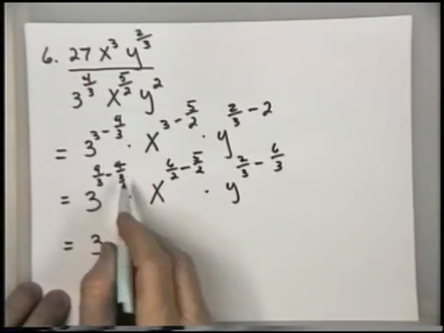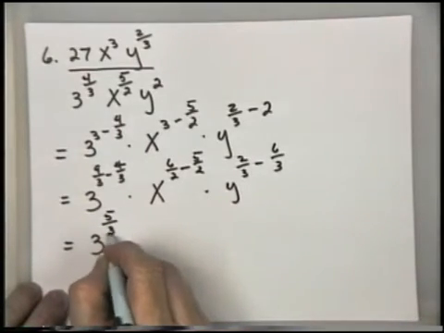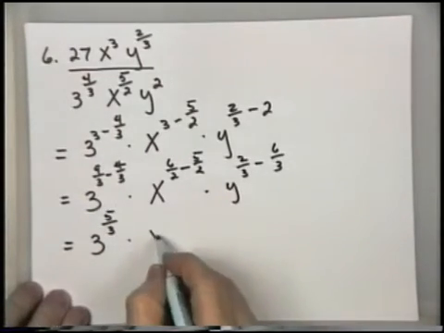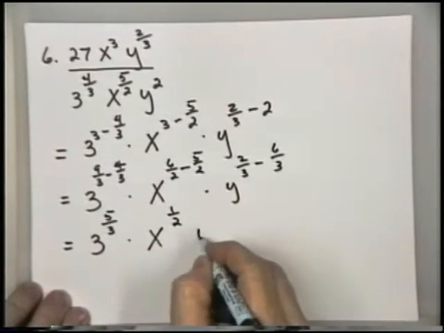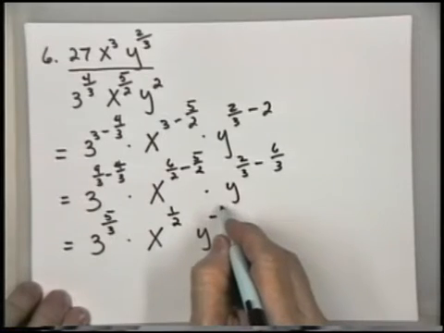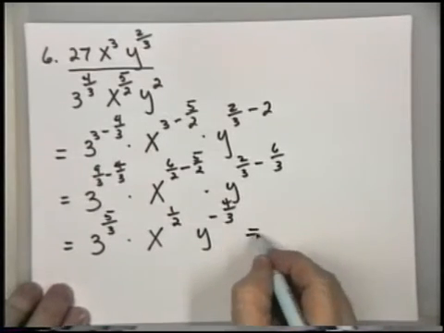And now subtract. This would give us 3 to the 5/3 times x to the 1/2 times y to the negative 4/3.